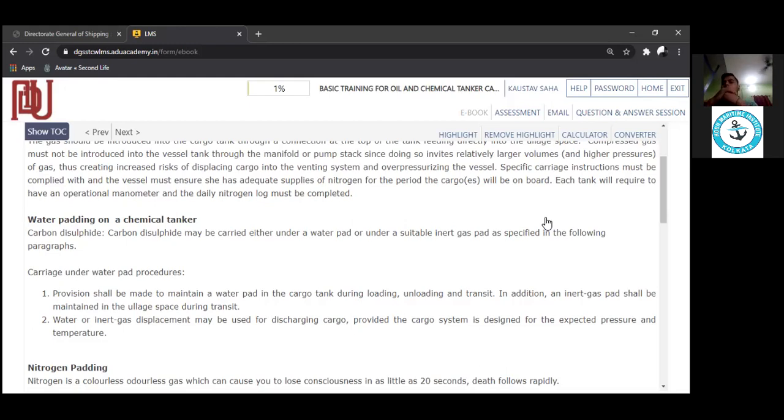So, initially you discharge or take out the water, and then you can discharge the cargo, but on the way you can put water so that it does not react. It must be reacting with other substances very easily because it's carbon. But you can see inert gas is also there. So practically you've never seen any water padding, but this procedure is just given here.